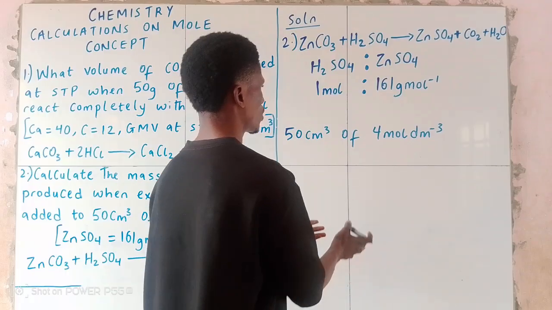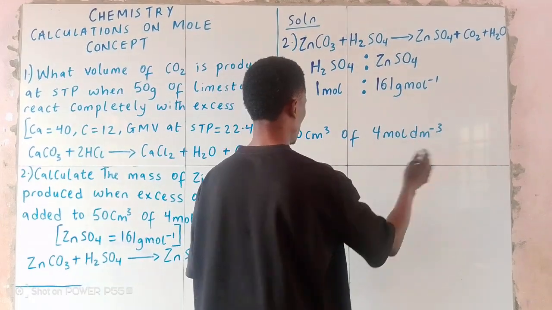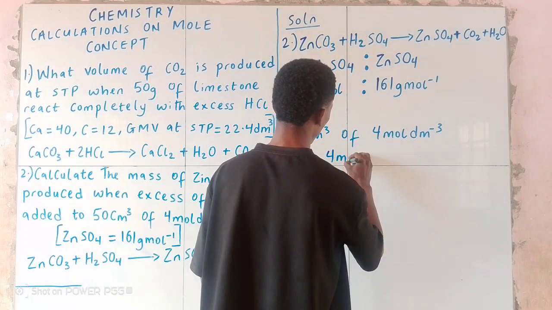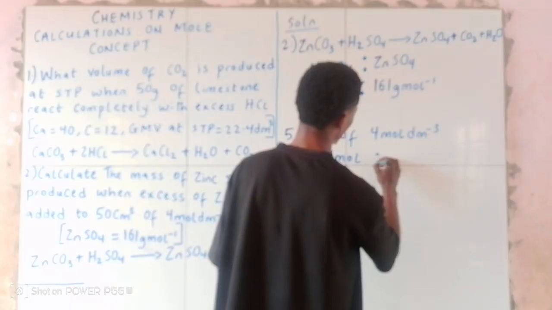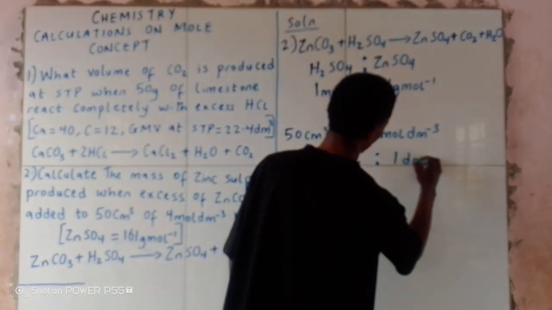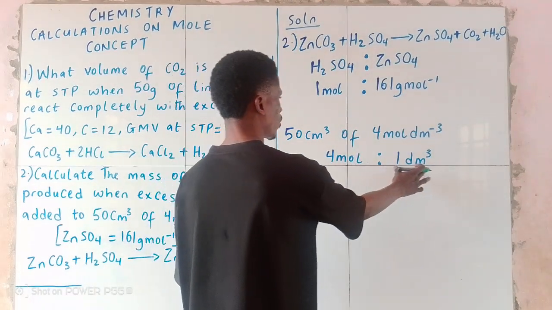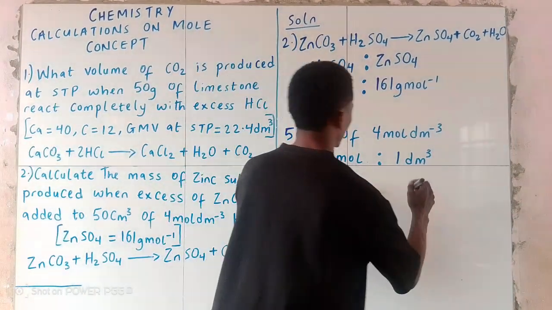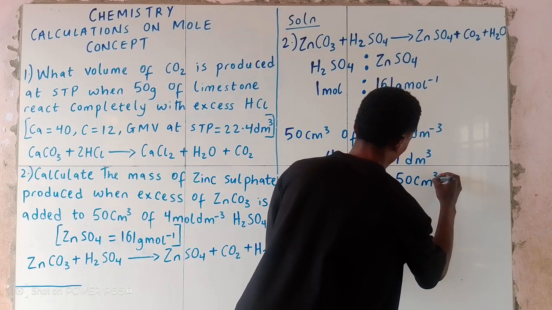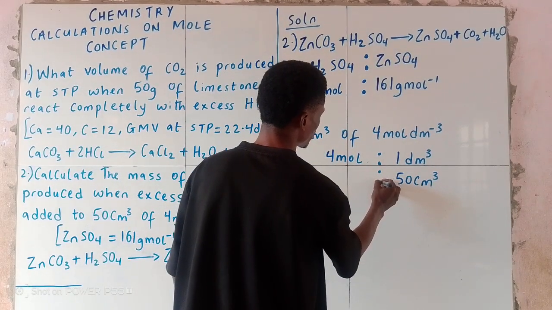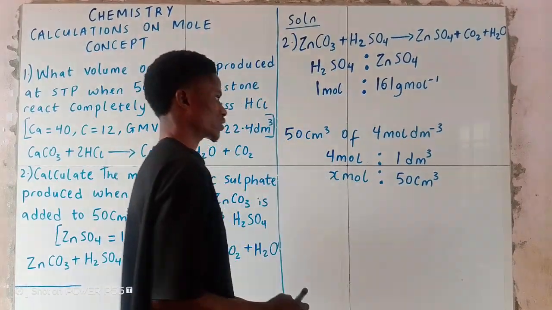What do we do? Just express this 4 mole per dm³. So you have 4 mole in 1 dm³. If we have 4 mole in 1 dm³ and you have 50 cm³ here, how many mole are we going to get?